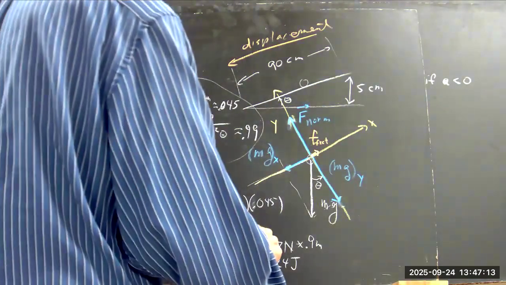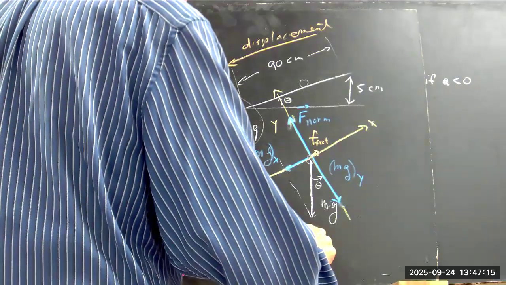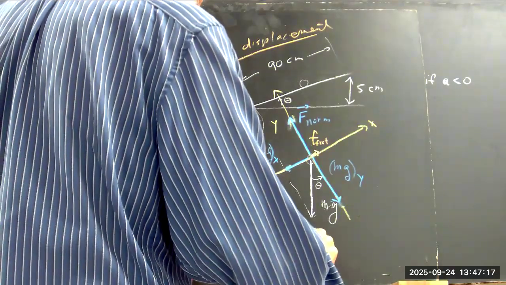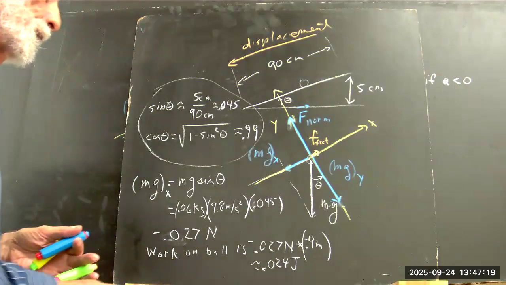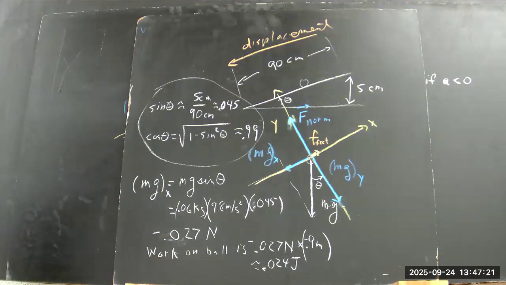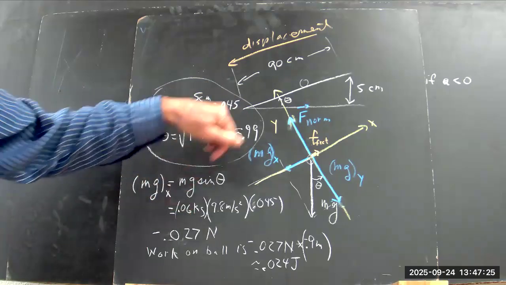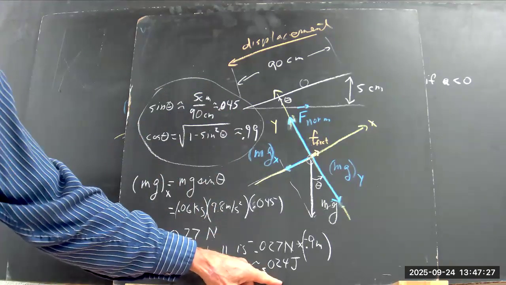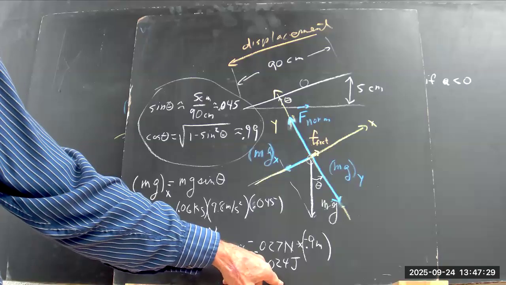So that should have been negative 0.027 times negative 0.9 meters. Still comes out 0.024 joules. When the force and the displacement are in the same direction, the force does positive work.